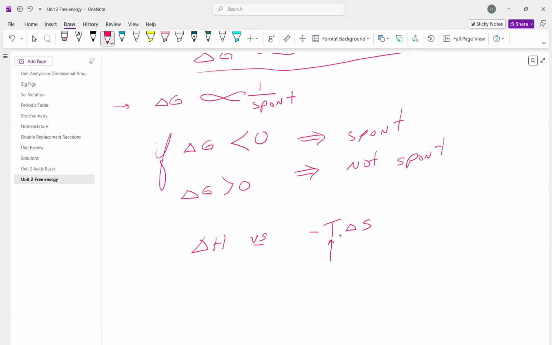That's why it's more spontaneous with higher temperature. Also, if we can increase delta S, the entropy, it's also more negative. With H, if we increase that, delta G becomes more positive, meaning that spontaneity is not going to happen as readily. It can still happen, but just not as spontaneously.